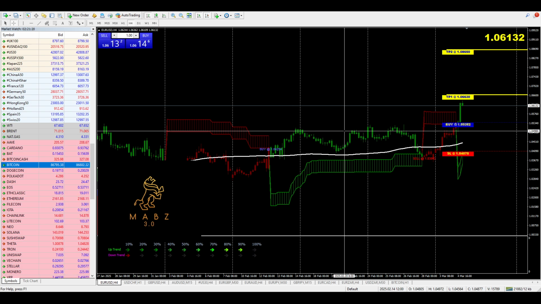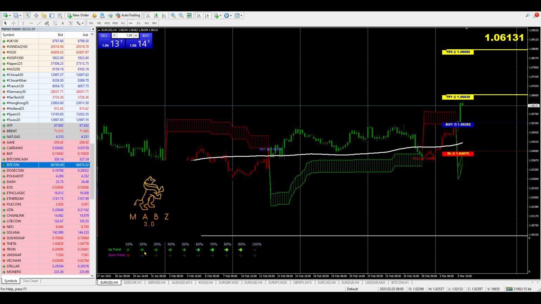The next thing that we want to do is look at this bottom meter right there. You see it says uptrend and it has some arrows, okay? If it's green and at 70 and above, that indicates to us that this indeed is a bullish market. So what we want to see at the bottom here is the arrow either at 70% or above 70%.